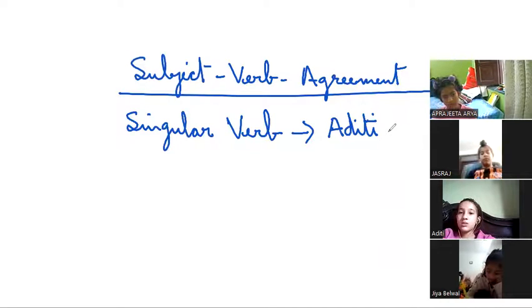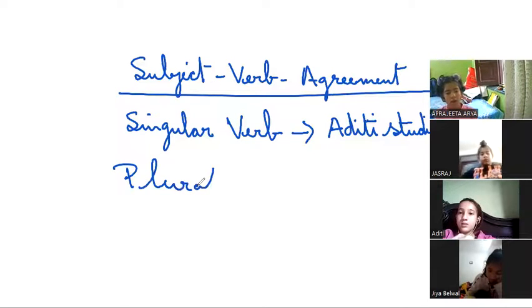Aditi studies. So this verb, which is ending in an S, is a singular verb. A plural verb, on the other hand, does not have an S. Just remember this.